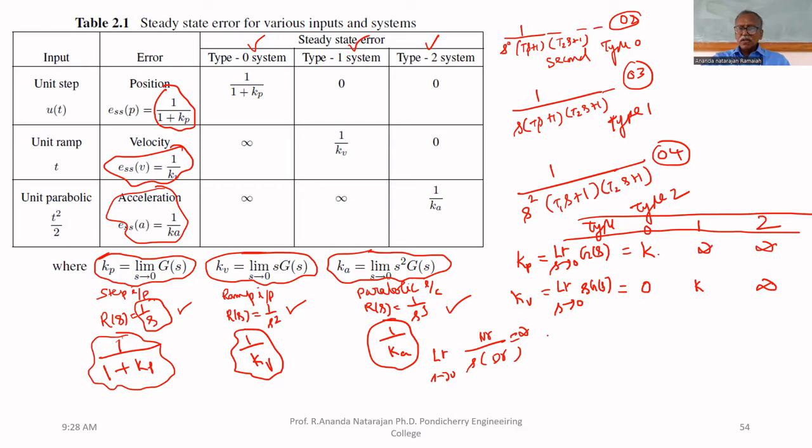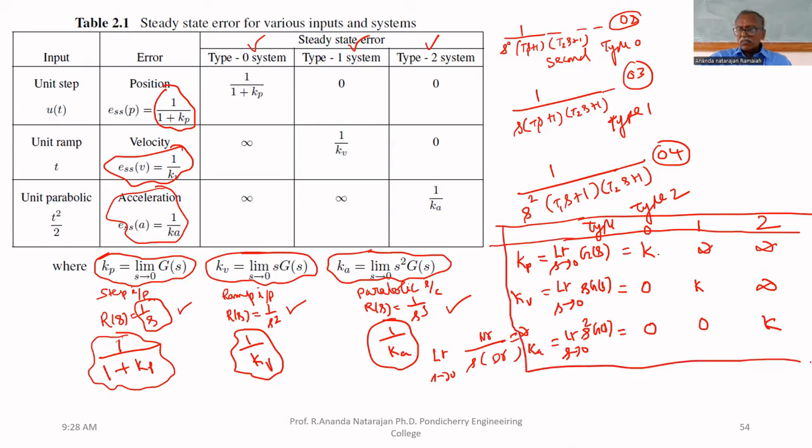Ka, acceleration error constant, is limit S tends to 0, S square G of S. Then you will get S square, that's why 0, 0, and here you will get K. So this is the table for error constants.